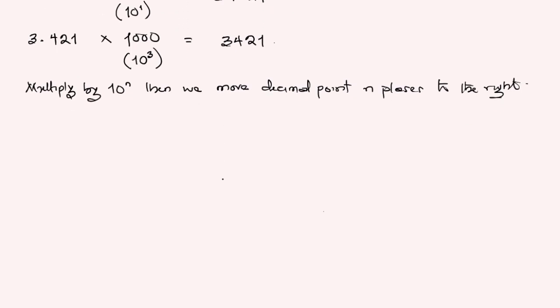Now what happens when we divide by 10? So if we're given a number 4526.8 and asked to divide this number by 10, and the same number 4526.8 and we're dividing by 1000.